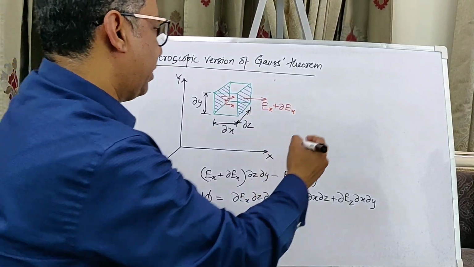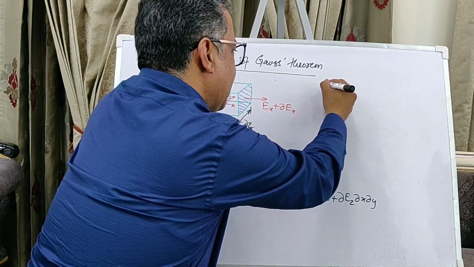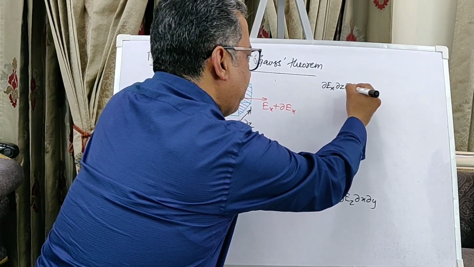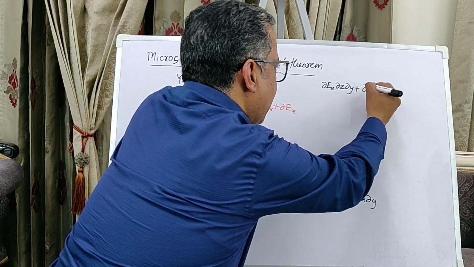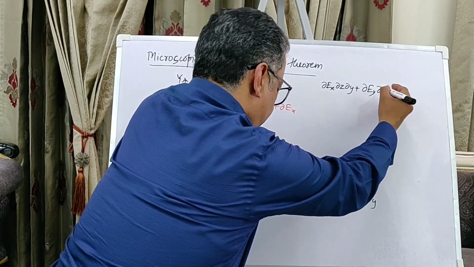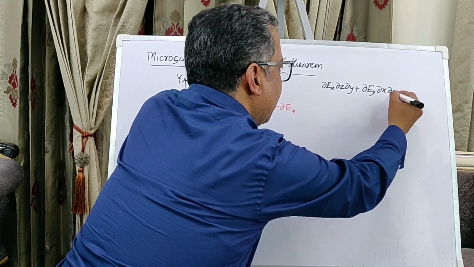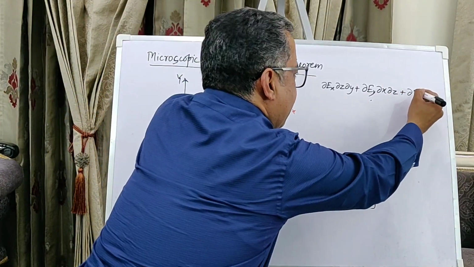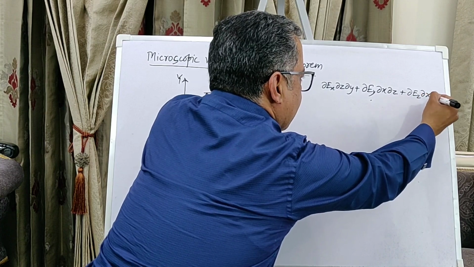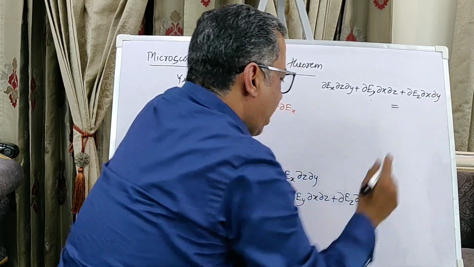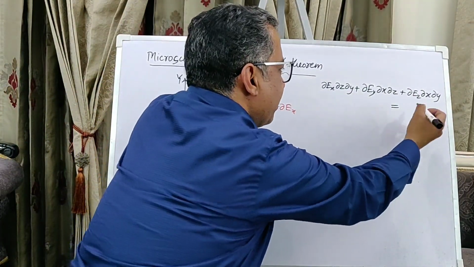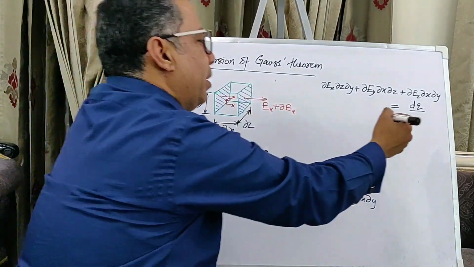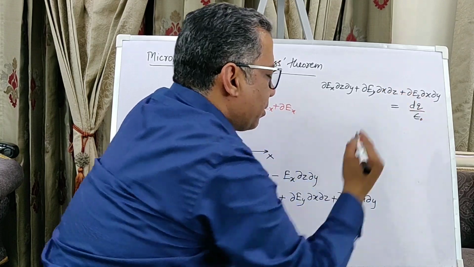Now this total flux, del Ex into del z del y, plus the second term del Ey into del x del z, plus the last one del Ez del x del y, they all add up to give you the total flux, and that total flux will be dq, the total charge enclosed inside this little cube, divided by epsilon naught.